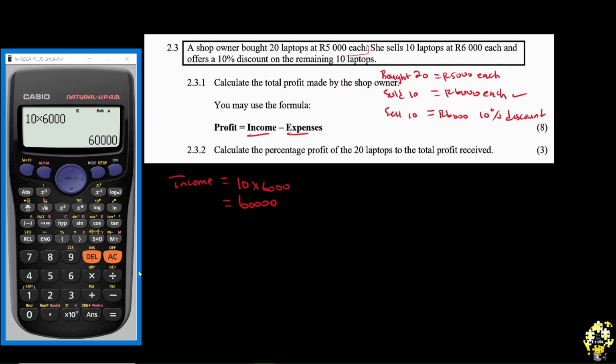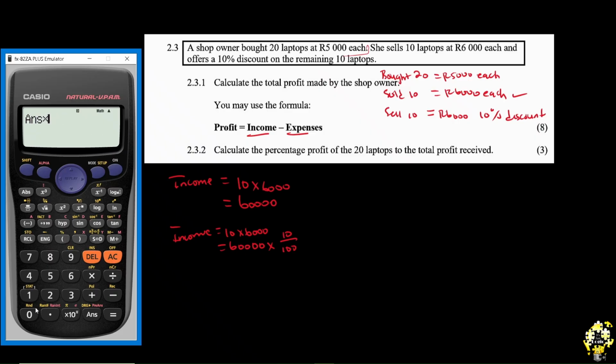We still have to solve the income for the second batch. We still sold 10 at the price of 6,000, which would give us 60,000. But there was a 10% discount, so let's account for that. There are many ways. Someone could have accounted for that 10% on the selling price of 6,000, but the answer should be the same.